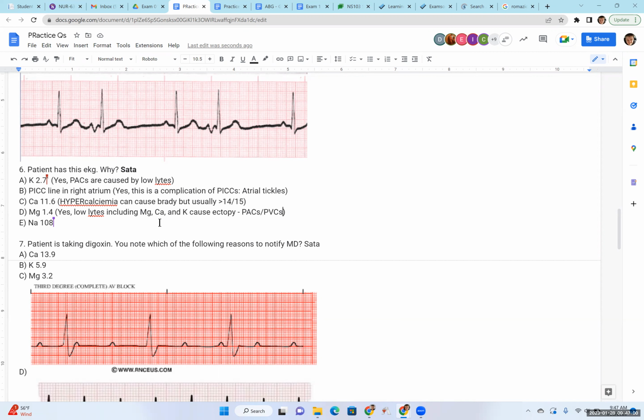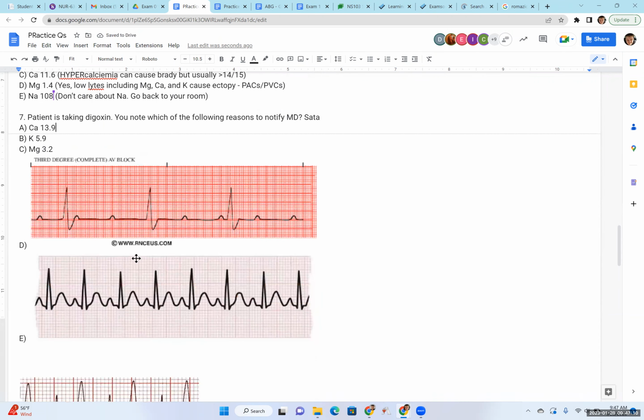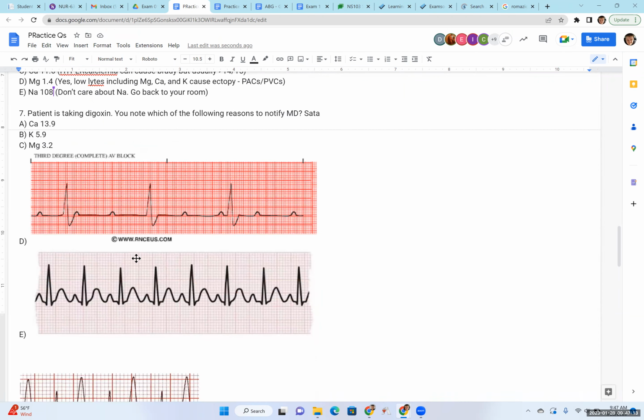So sodium 108. When I said low lights, seven. What is that? Patient is taking digoxin. Which of the following reasons would you notify the MD? Because you got a dig to give and you're like, nope. The calcium.